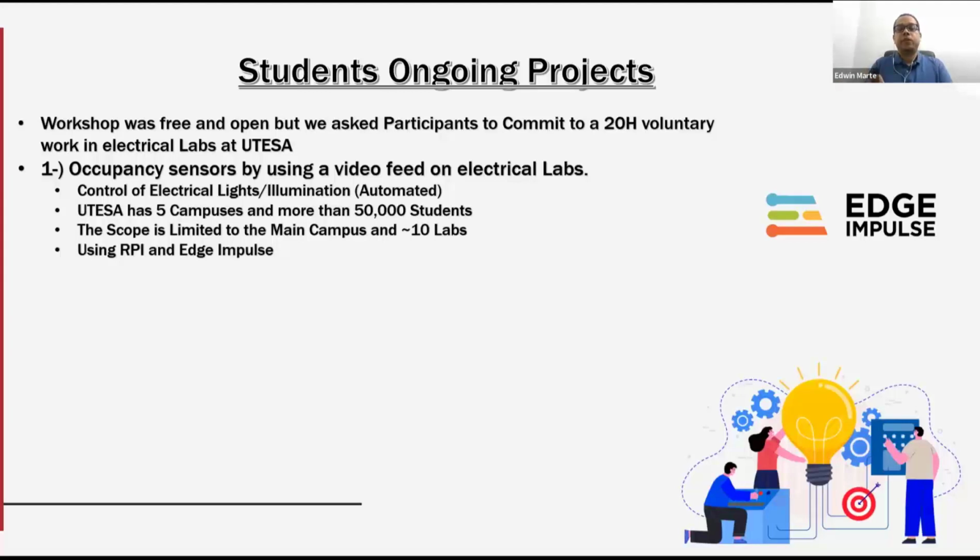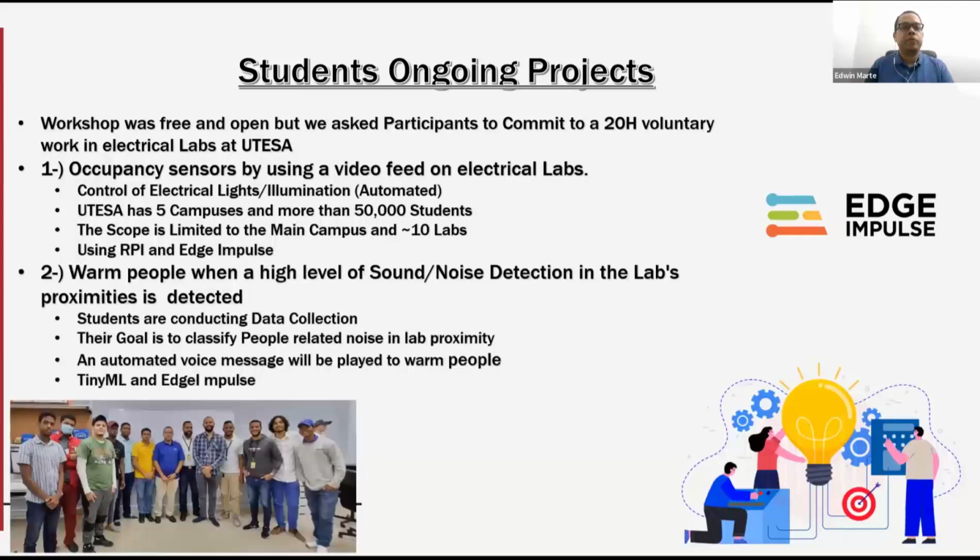They want to take the real-time feed from the cameras and determine if there are people or not in those labs to control the illumination. You need to know that UTESA is a university where most of the courses take place at night, so illumination is meaningful for the university.